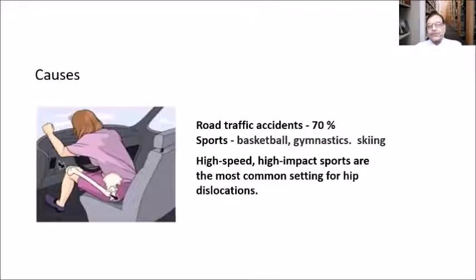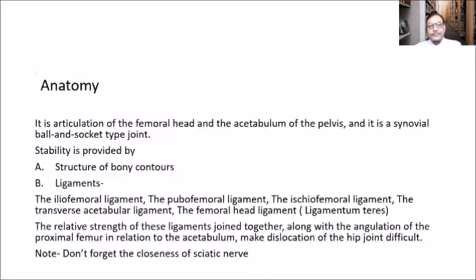So the usual mode of the problem is road traffic accidents and certain sports. And even in the road traffic accidents, it's usually the high speed vehicles that can cause the hip dislocation.